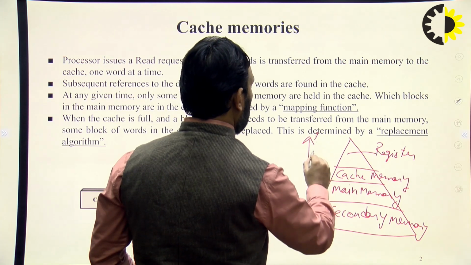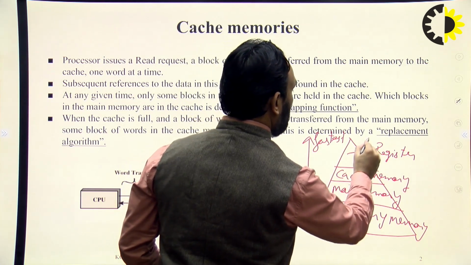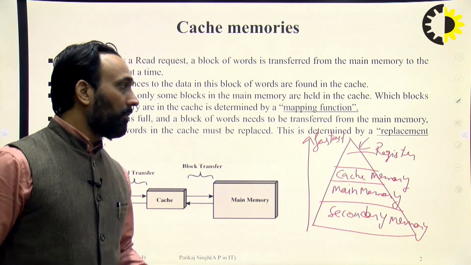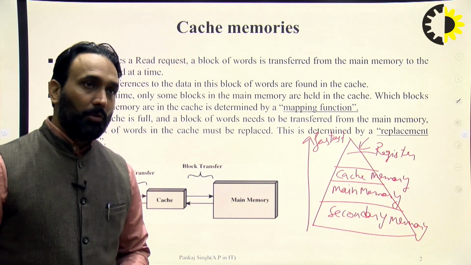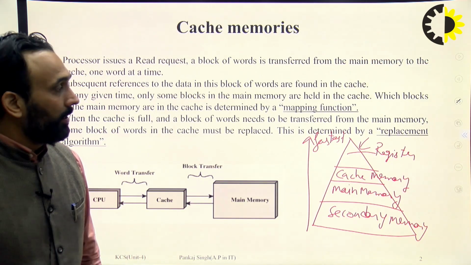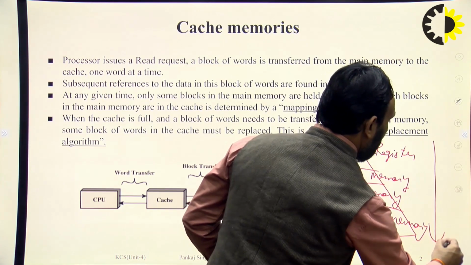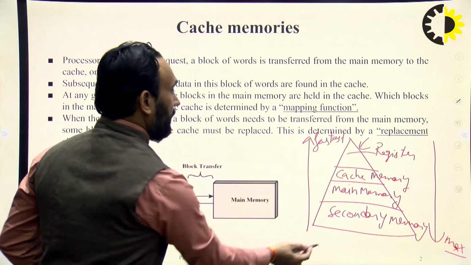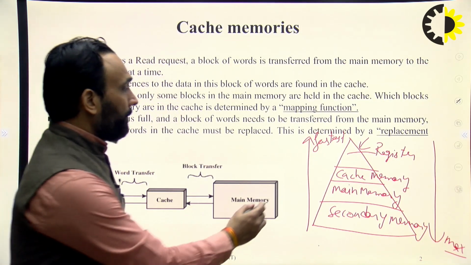The fastest is the register for storing or accessing data, second is cache memory, third is main memory, and fourth is secondary memory. In terms of storage, secondary memory has the maximum storage, right? So today we will go for cache memory.